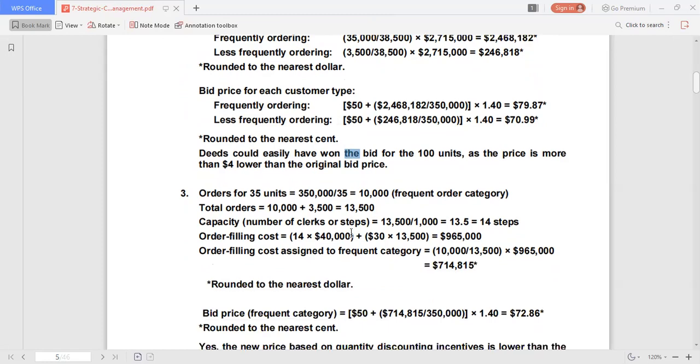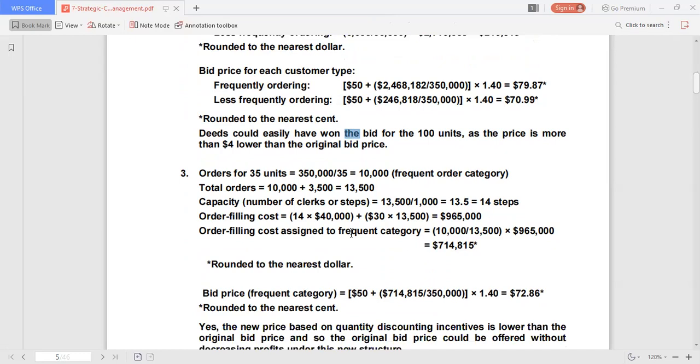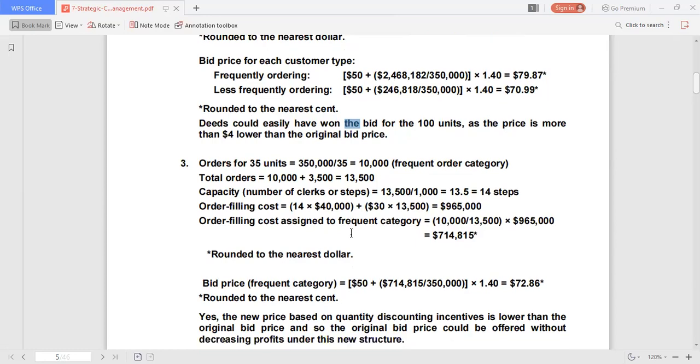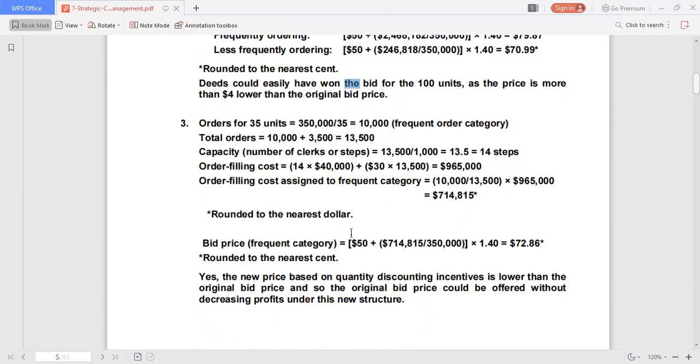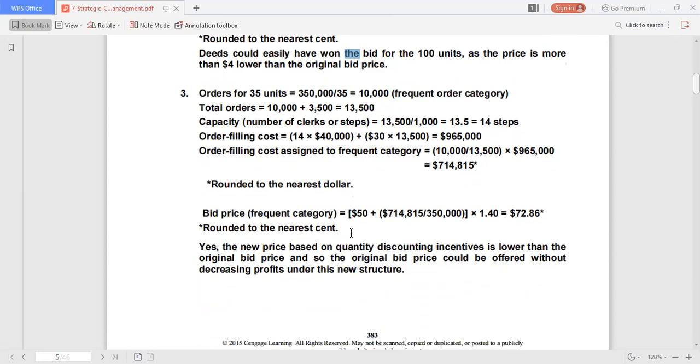So the bid price is 50 plus the quotient, and you multiply by 1.4, and you get 72.86. Yes, the new bid price based on quantity discounting incentives is lower than the original bid price, and so the original bid price could be offered without decreasing profits under the new structure.